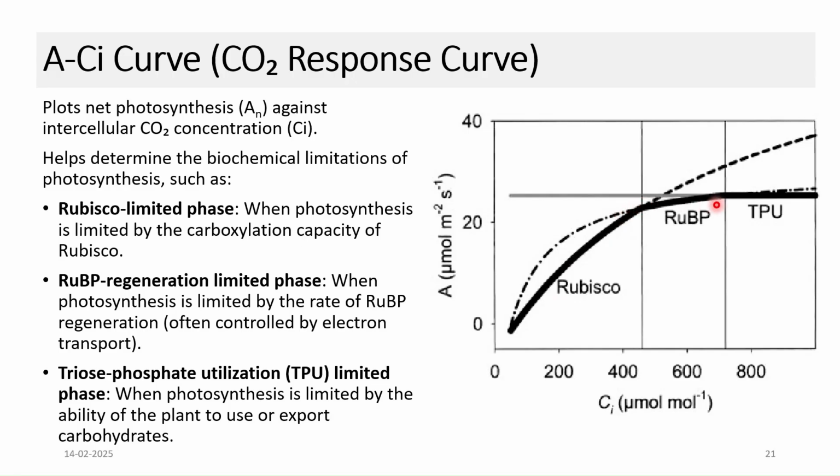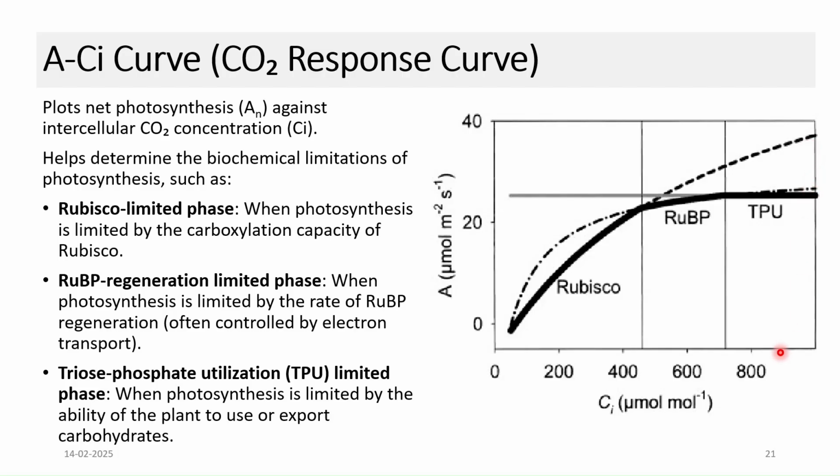But when you come to this part of the curve, the Rubisco limited photosynthetic rate is higher than the TPU rate and the RUBP regeneration rate, and the least is the RUBP regeneration rate until here. Now, when you come to the third part of the graph, you see that the TPU limited rate is the least over here. The RUBP regeneration limited rate is higher than TPU limited and Rubisco limited.